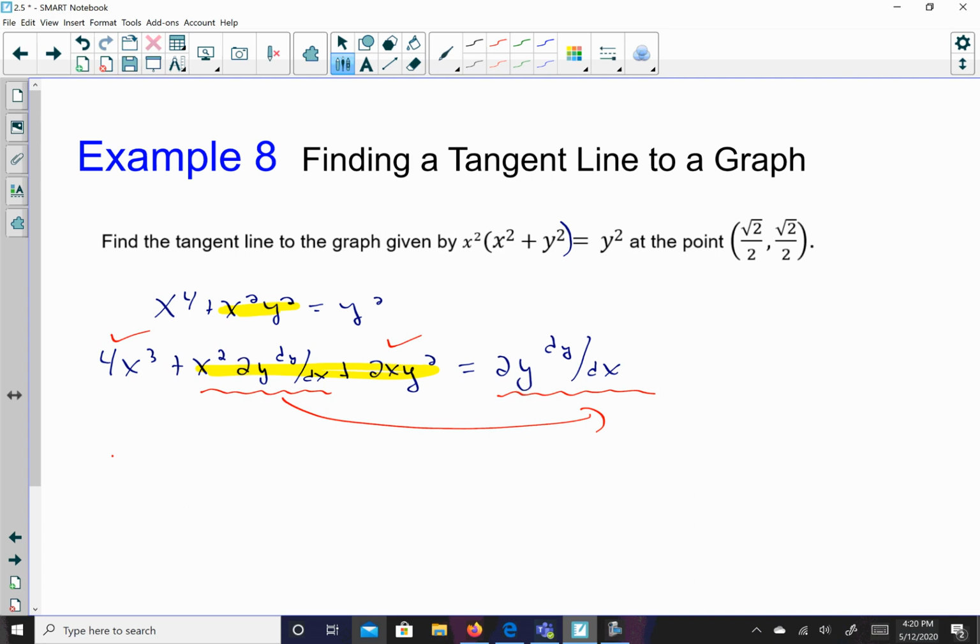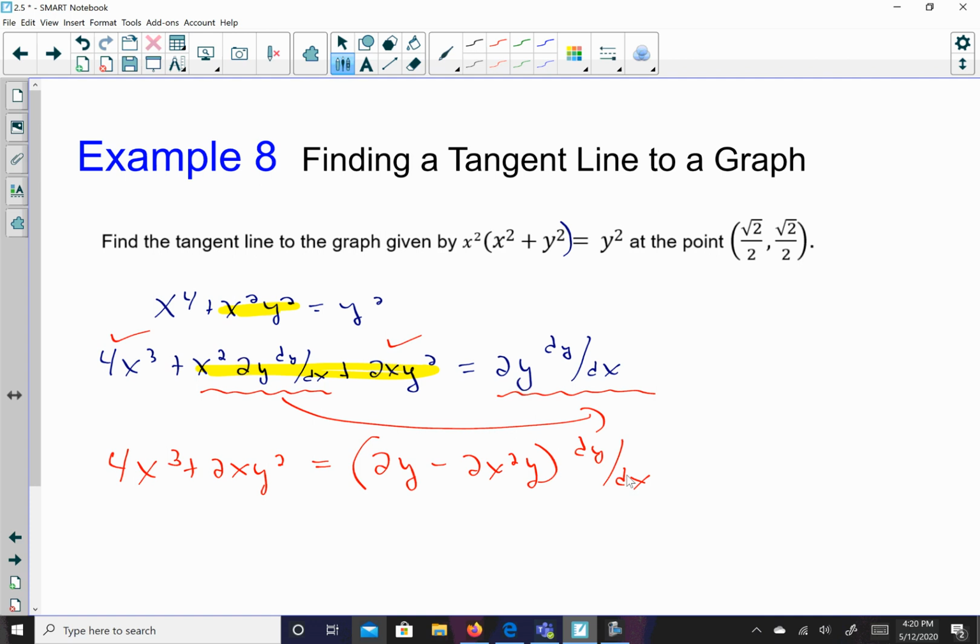Here I'm left with 4x to the third plus 2xy squared, which is everything that doesn't have a dy dx. On the other side, I have this 2y, and I'm going to subtract this 2x squared y, and they're both times dy dx. So I've taken it over to the other side.